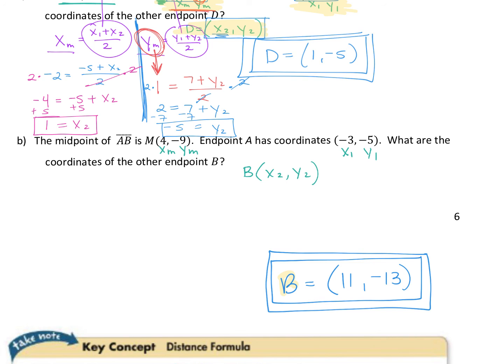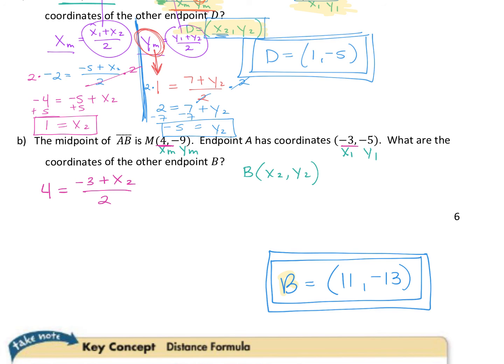Okay, here we go. So when you're finding the endpoint, you have to set it up as two separate things because you can't just plug it into the midpoint formula because there's two different things going on. Find the x, find the y. So we're gonna say the x midpoint, so that would be 4, equals the x sub 1, -3, plus the x sub 2, which we don't know, divided by 2.